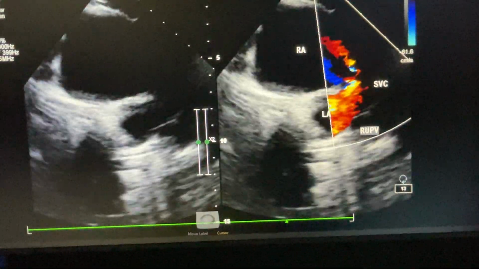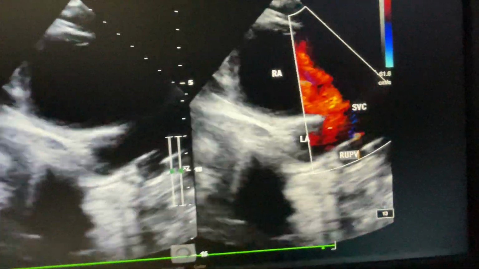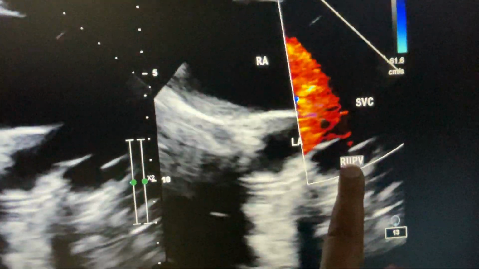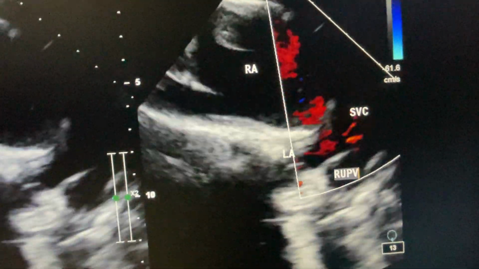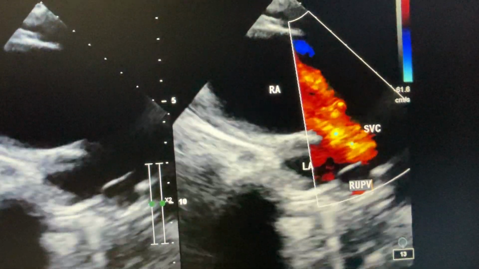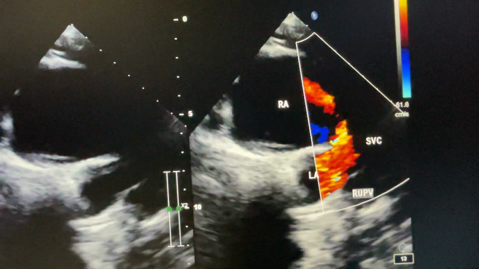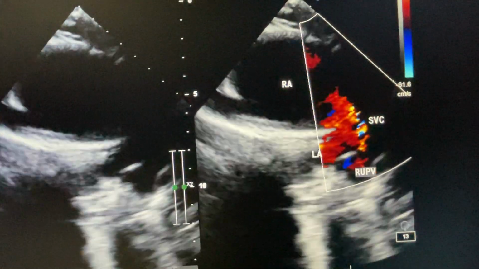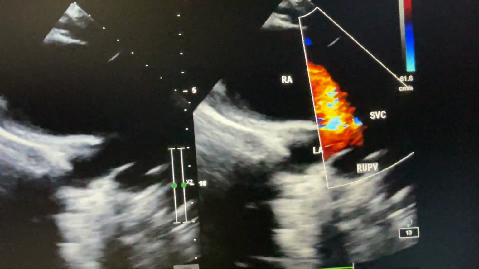I have seen the moving image. You can easily see the right upper pulmonary vein is draining into superior vena cava. So this is sinus venosus ASD of SVC type.